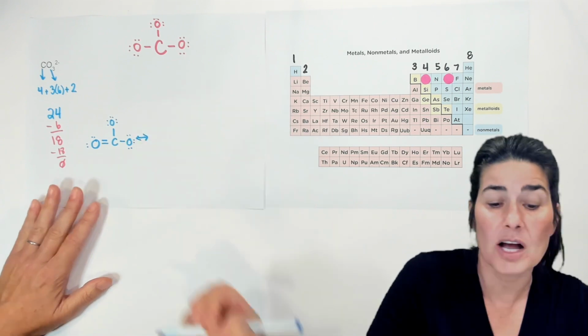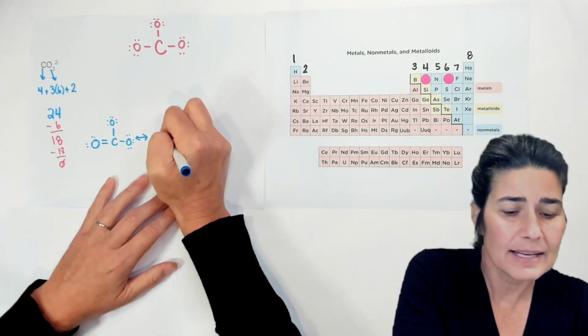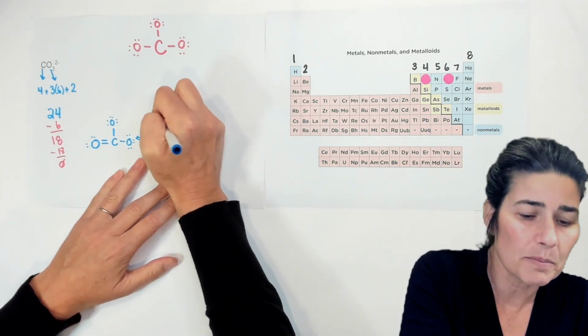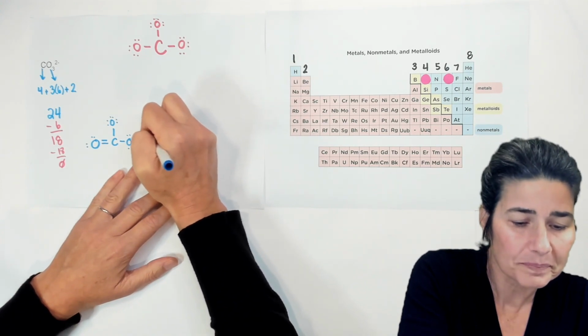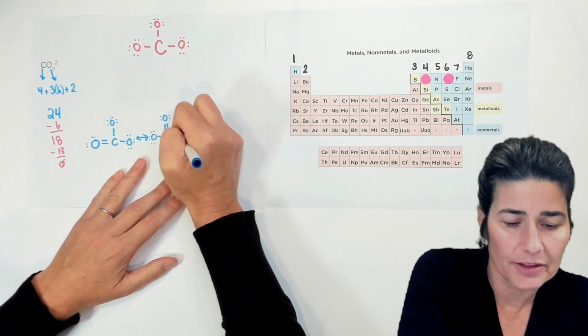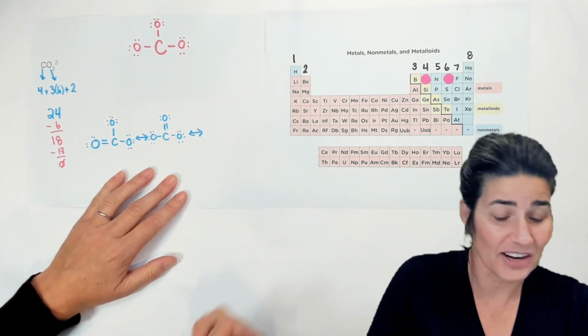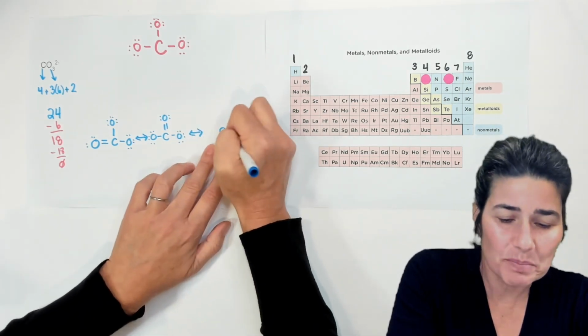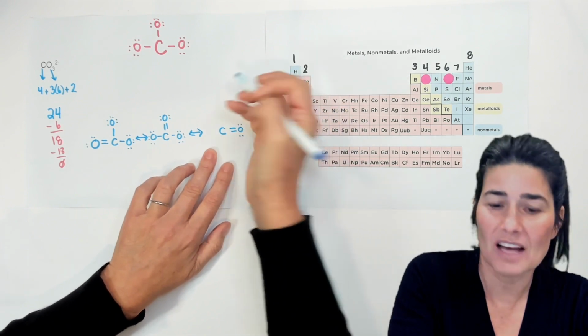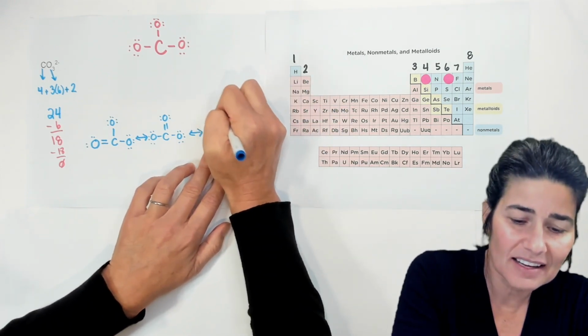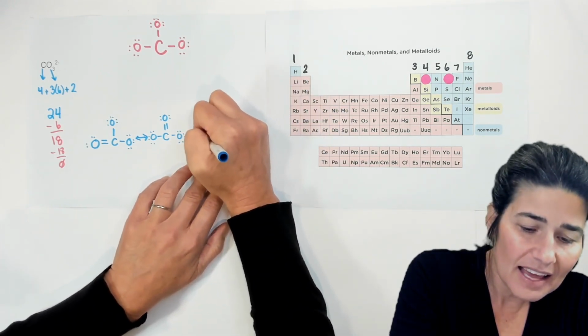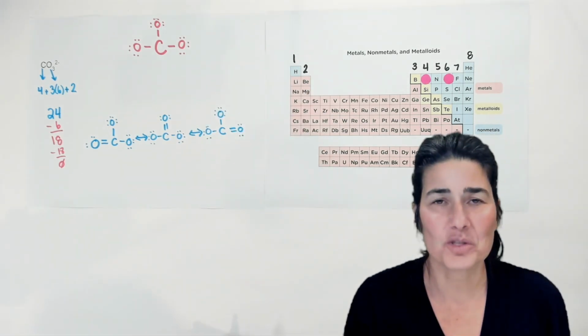Then I draw a double-headed arrow, and the next picture has the double bond on the top. And then we have our other oxygen atoms. Then another double-headed arrow, and the last picture has the double bond with the oxygen on the right. And there are the resonance structures.